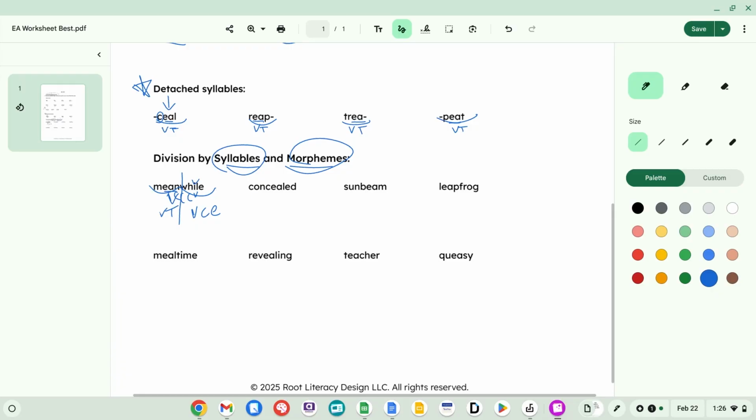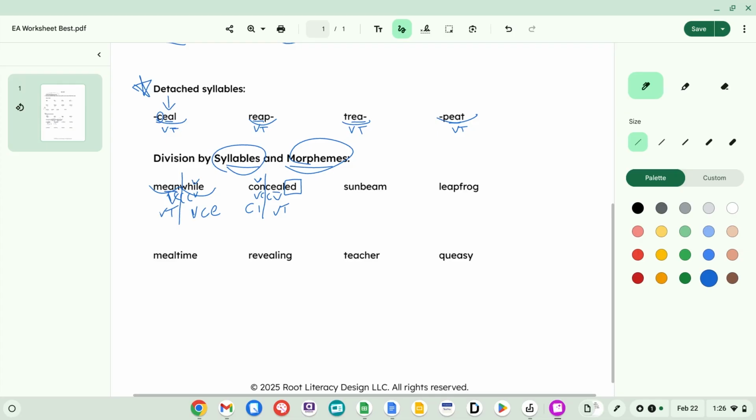For this word, I see the EA, so that's a vowel, consonant, consonant. When I see this, I divide here. This is closed. This is a vowel team, seal, and we can also box the suffix. So the base word is conceal, add the suffix ed.